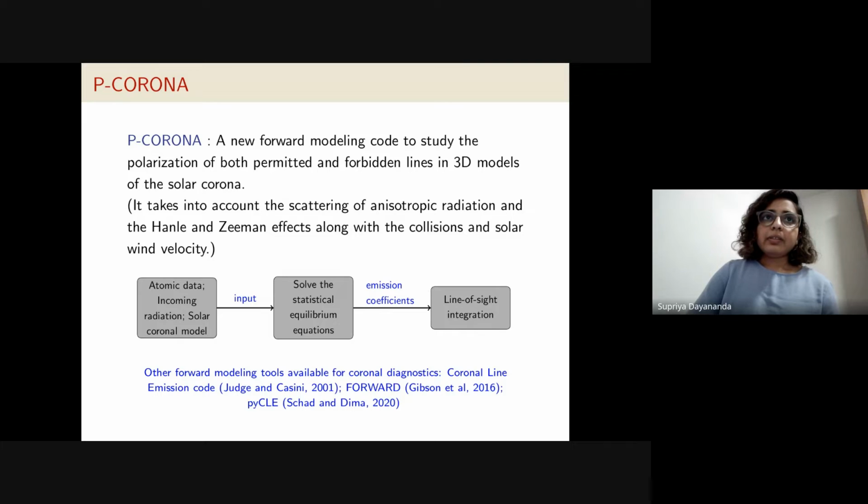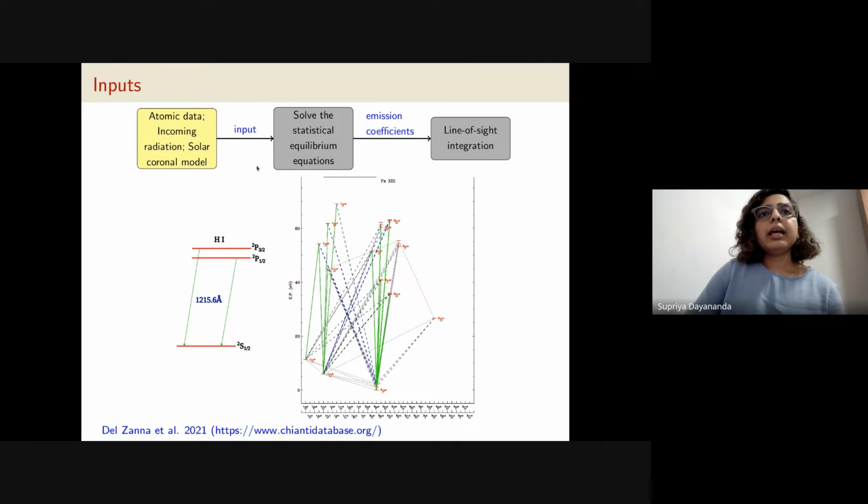So let's start with the first block, that is the input parameters. There are 3 main input parameters that go into P Corona. The first one is the atomic data itself.